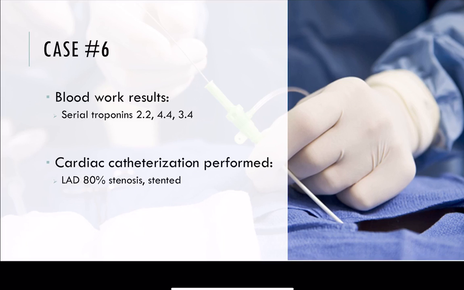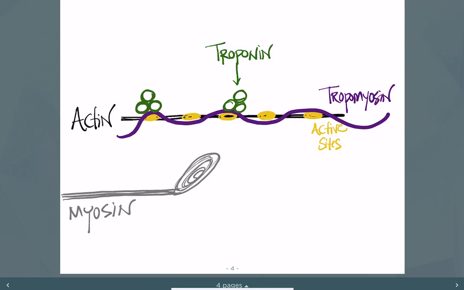So what is this troponin? What are we talking about? Actually, I'm just going to throw you this picture back up because this is a nice little crossover moment. Does this picture look familiar? The troponin that we're talking about is that exact same troponin that we described in skeletal muscle physiology.